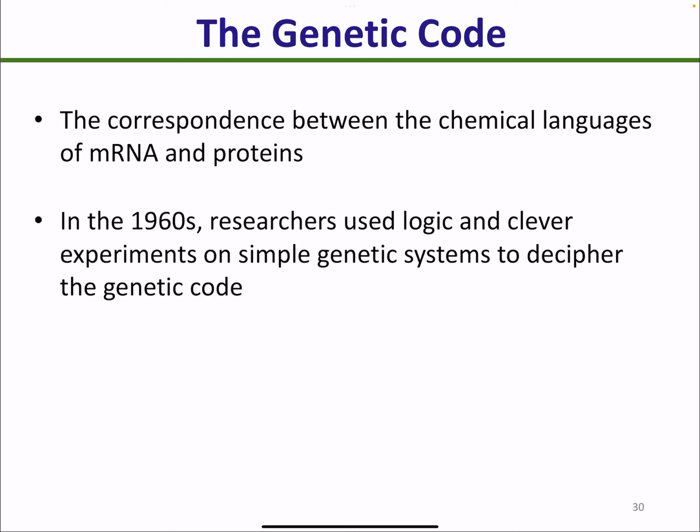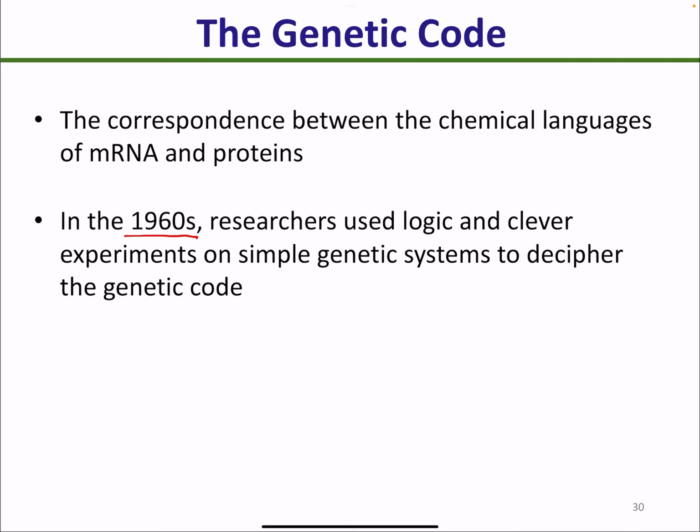So the genetic code is basically the correspondence that is drawn between the chemical language of the messenger RNA and the amino acid language that forms proteins. Now, the work started a long time ago, but really tremendous achievements were made in the 1960s.